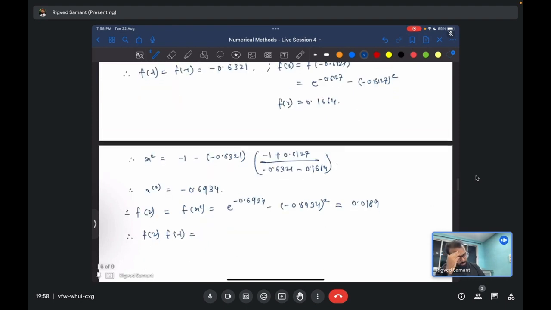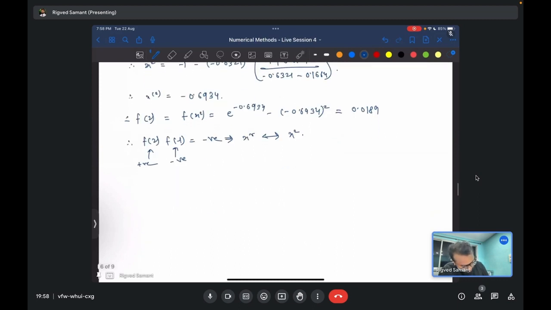Negative. This is positive. This is negative. Implies, so this was positive, this is negative. So xR is replaced with x2 for the next iteration.